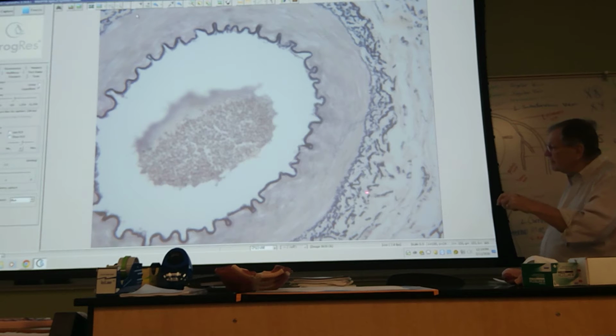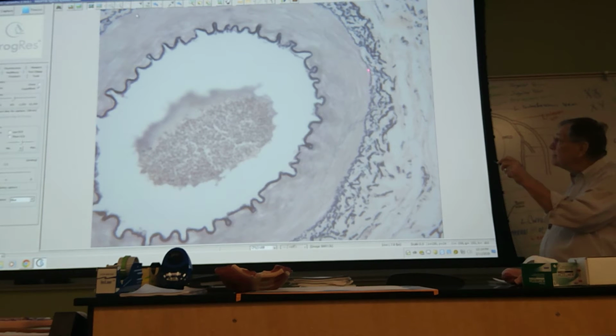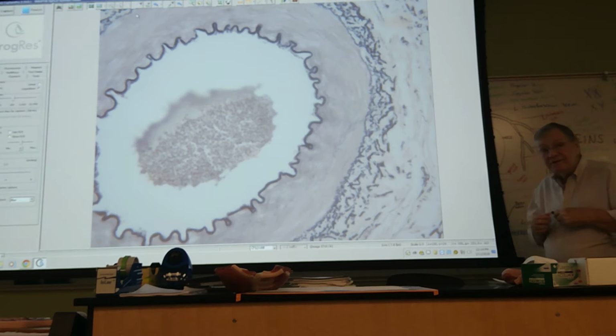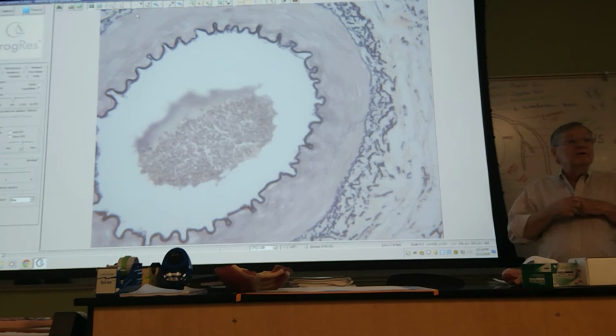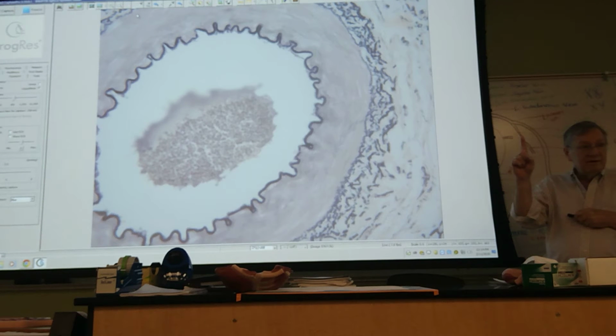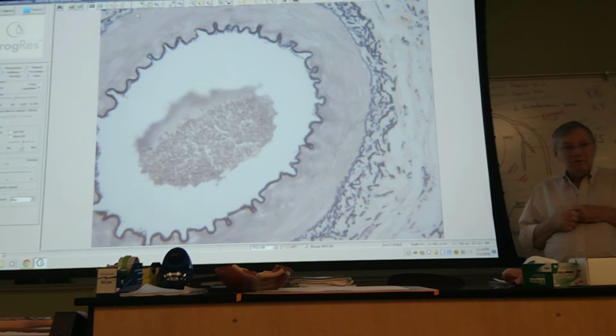Not all these dark dashes, dots, etc. Just this line. Okay? That's the external elastic membrane. So, tunica media equals smooth muscle layer plus external elastic membrane. We okay?